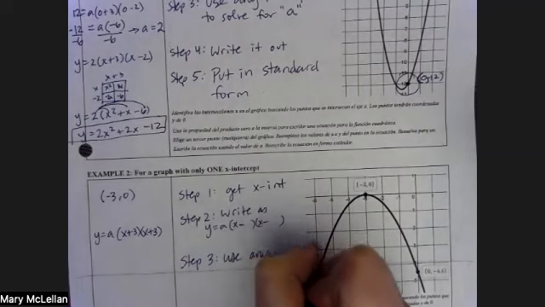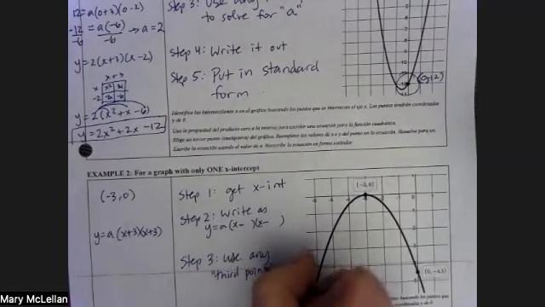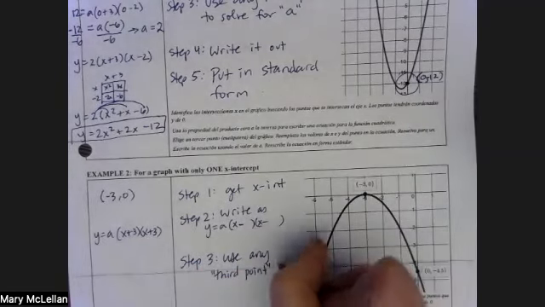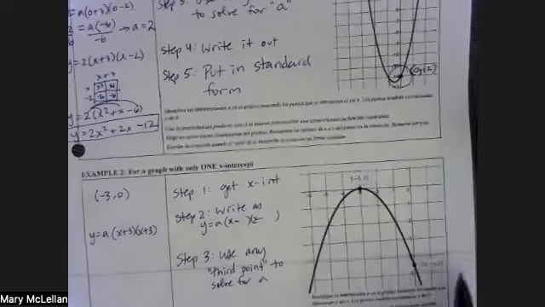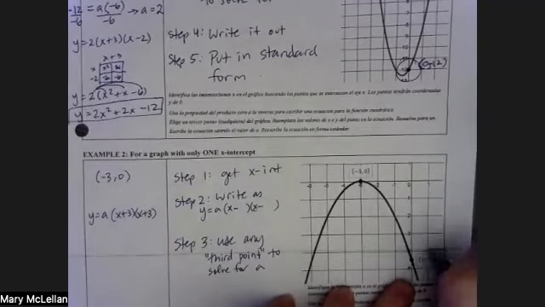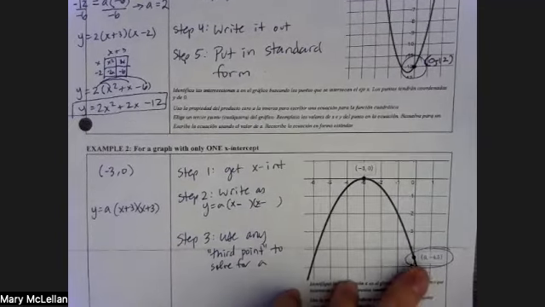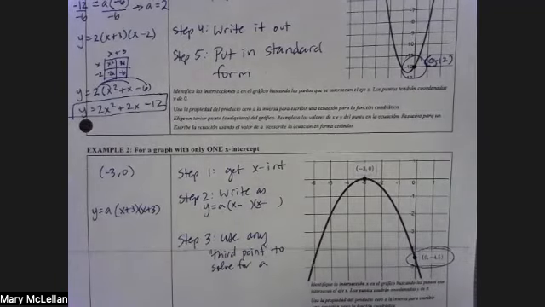Okay, step 3. Use any third point to solve for a. That's kind of deceptive because in this situation, it's not really a third point. I'm going to use this point right here, 0, -4.5, and I'm going to plug it in.